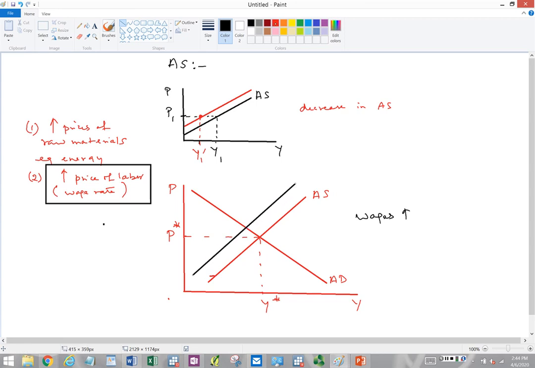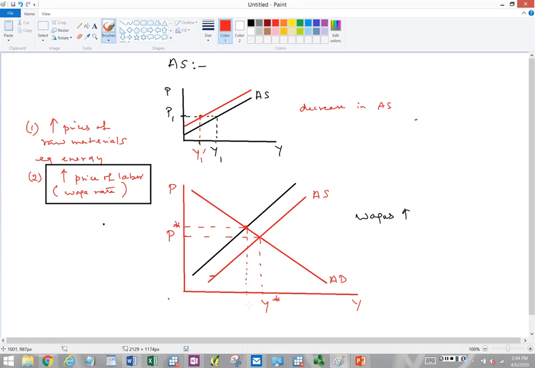And what is going to be the impact of this on the equilibrium price level and equilibrium real GDP? Well, this is what we will get. The price level will now rise, correct? And what about the equilibrium level of real GDP?